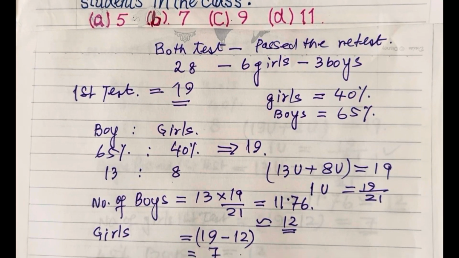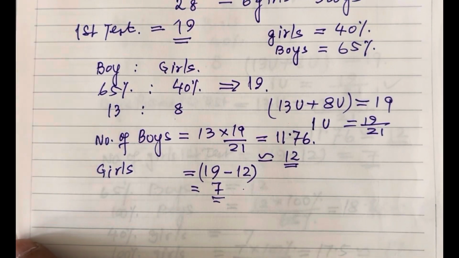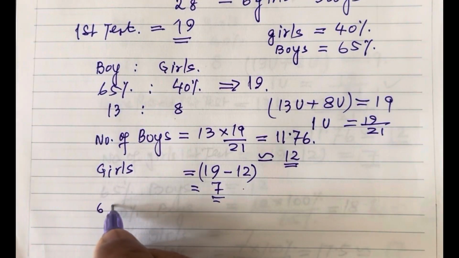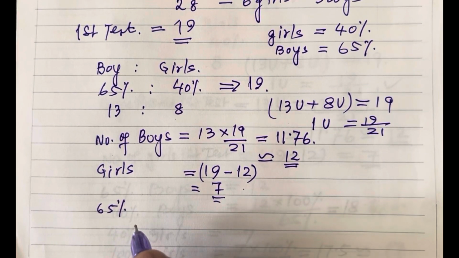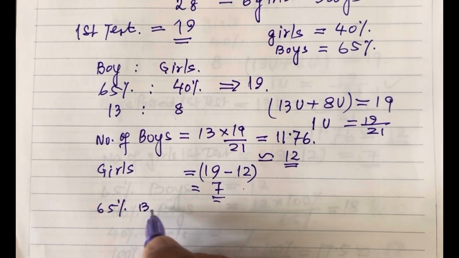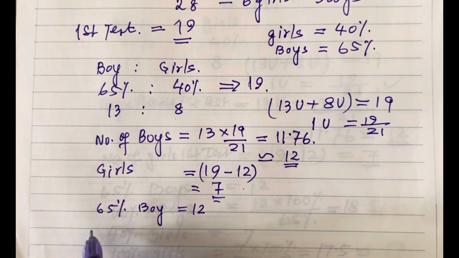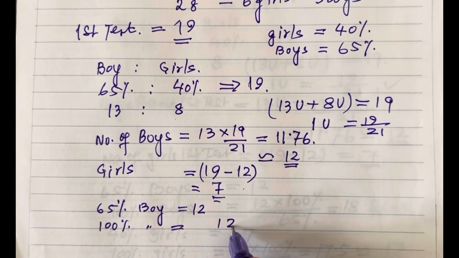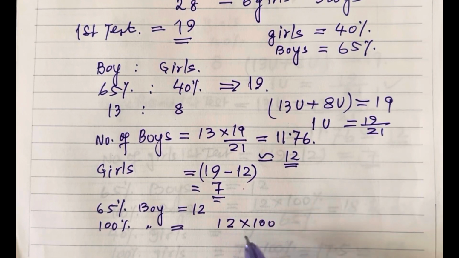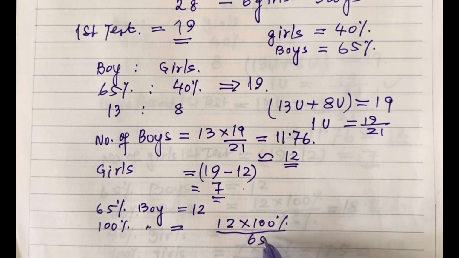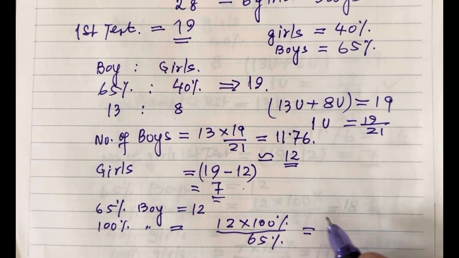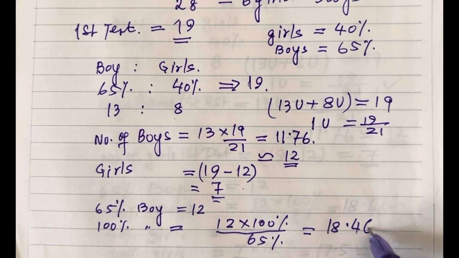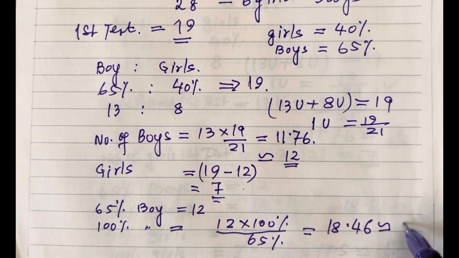So from this we can find the strength of the class, that is the number of boys in the class and number of girls in the class. As 65% boys who passed the first test are 12, so 100% boys, how much? It will be 12 multiplied by 100% divided by 65%. So this will become 18.46. So we can approximate it to 18.